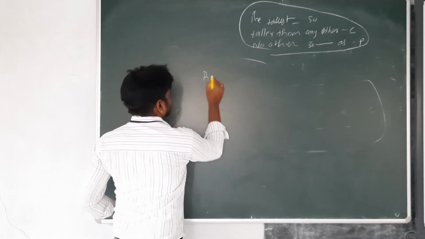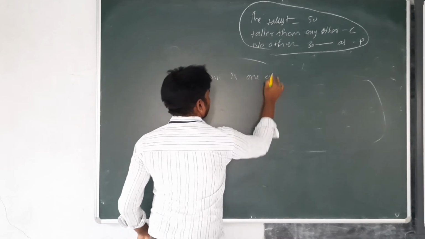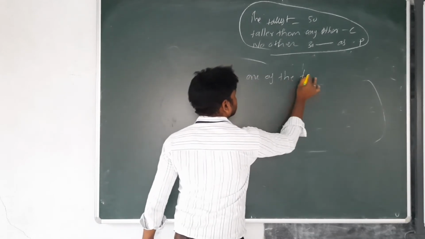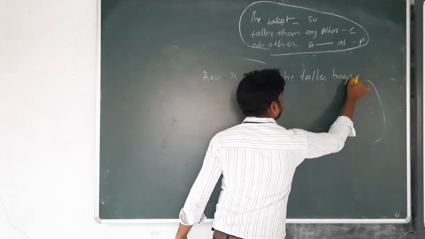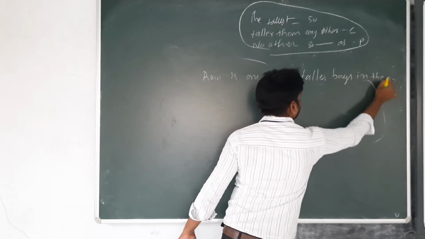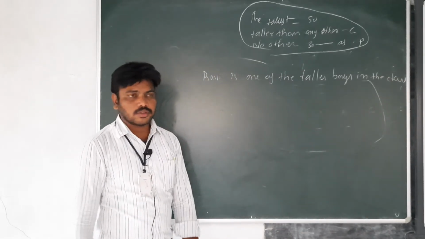Ravi is one of the tallest boys in the class. Now see the difference in the class. Ravi is one of the tallest.